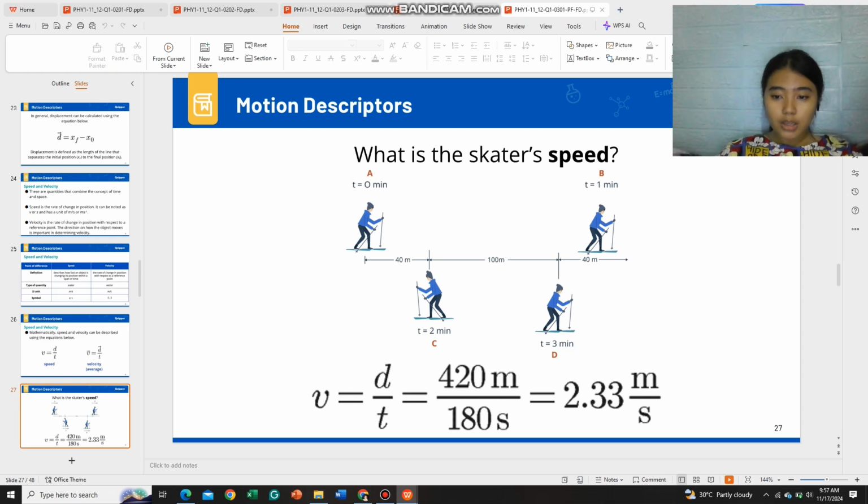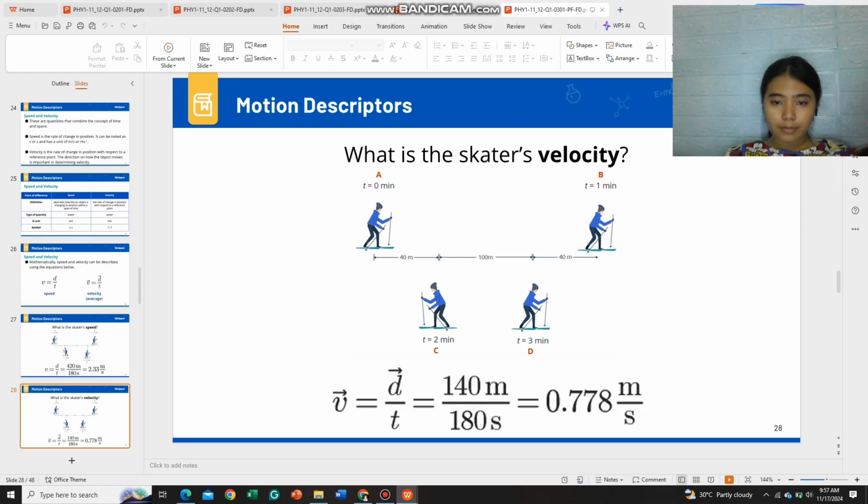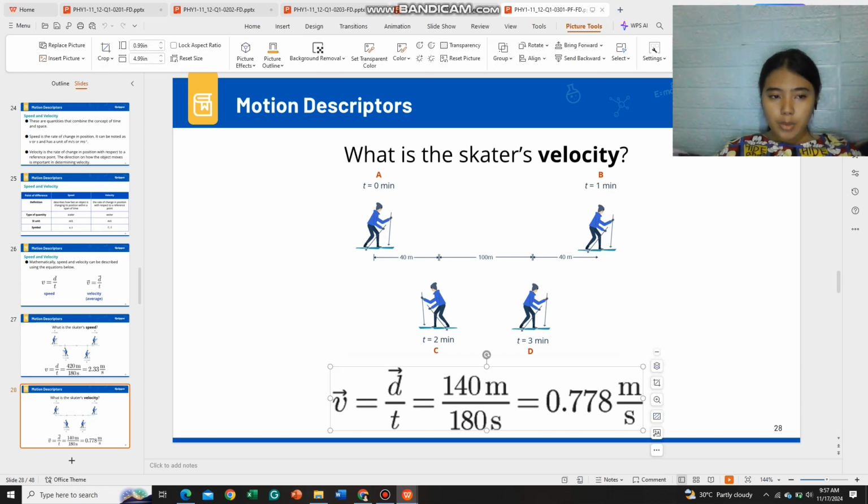So sa pag-locate sa speed niya, use the formula. Distance niya kay 420 meters. Iyang time kay 180 seconds. That will be equal to 2.33 meters per seconds. Okay. Another is sa pag-locate na pod sa velocity.